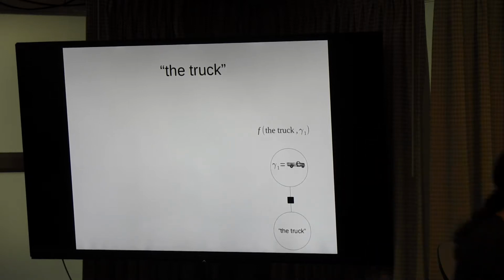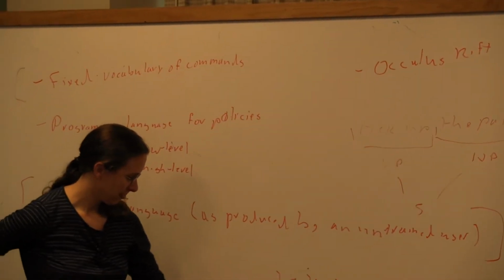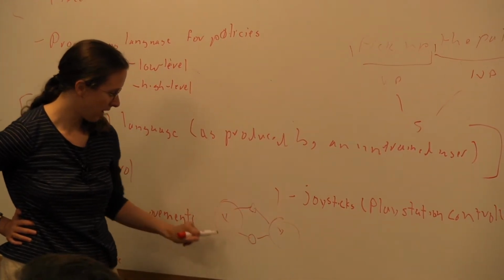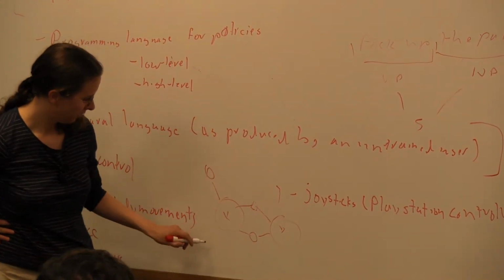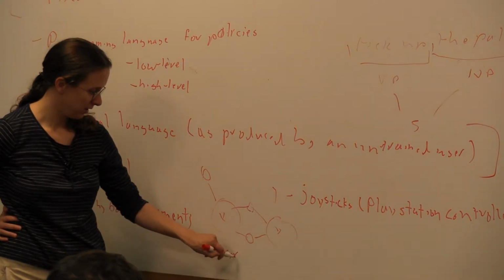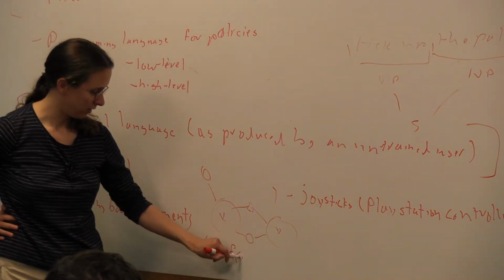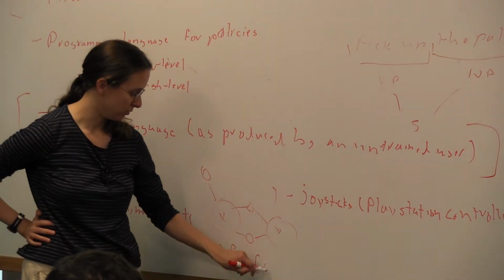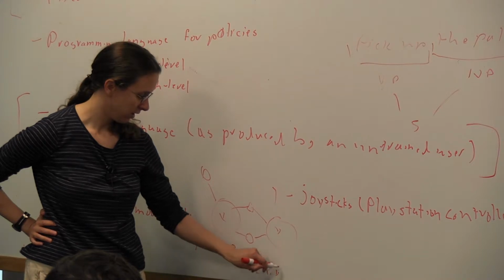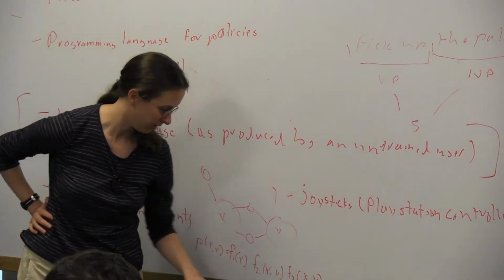And I could have more factors. The reason it's the most general way is that I could have two factors connecting these two. Let's say this is x and this is y, and I could also have a single factor. That might say p of x, y equals, not p, because they don't have to normalize, f1 of x times f2 of x and y times f3 of x and y.